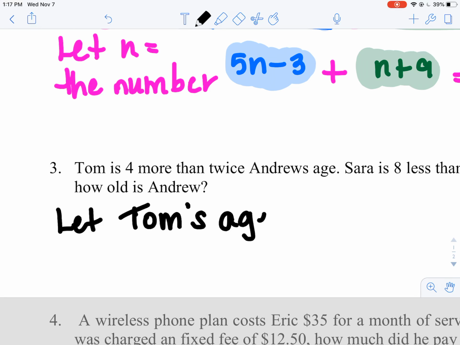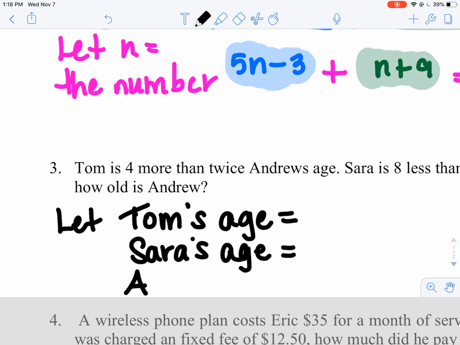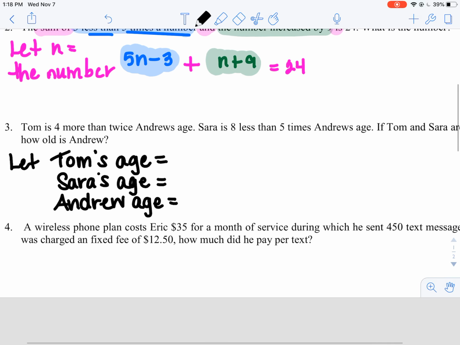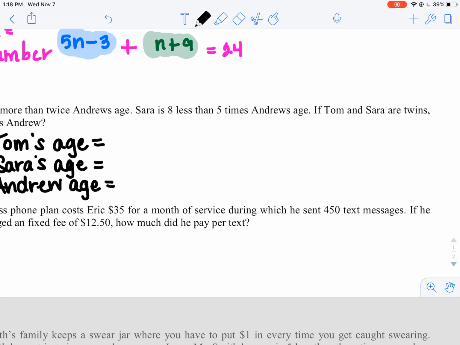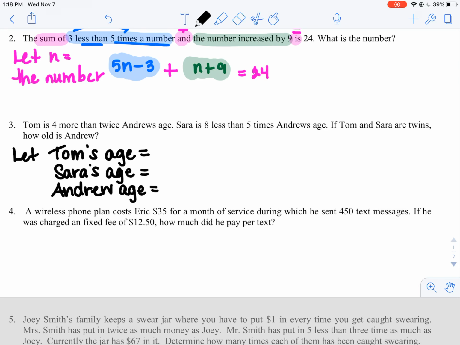So let Tom's age equal something. Let Sarah's age equal something. And let Andrew's age equal something. And then what we're looking for is who to give the single variable to. Who gets its very own variable.